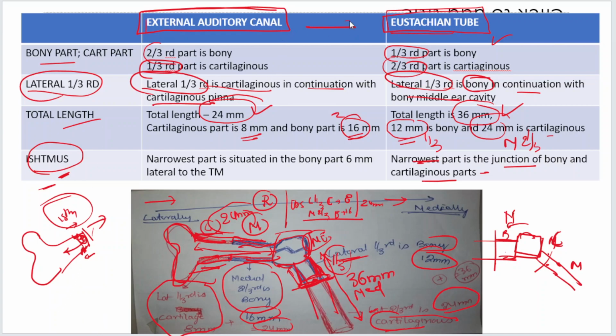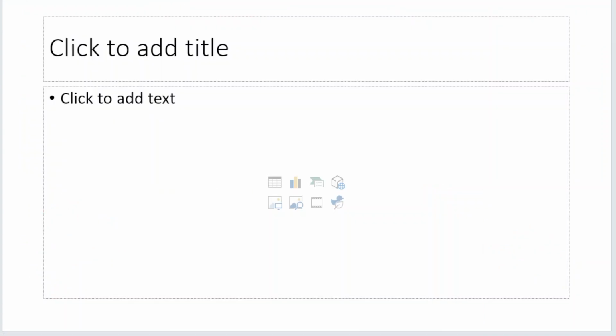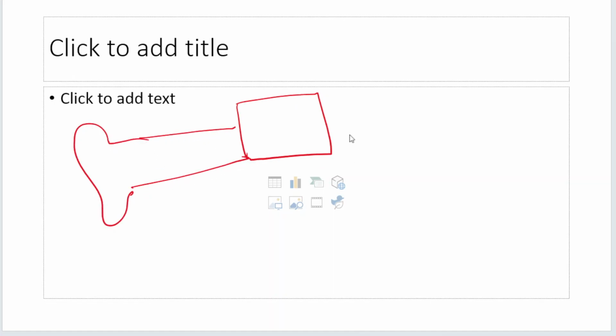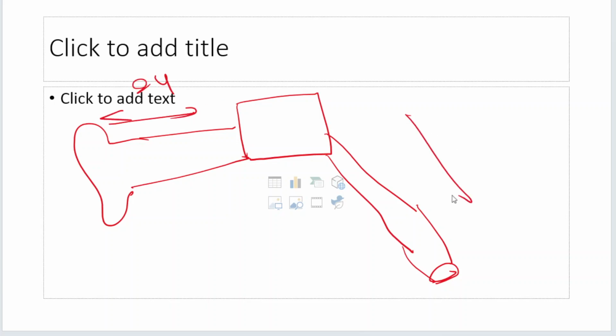This one is always going to be confusing for you. So whenever they ask you to compare, just draw a diagram of the middle ear and connect it to the external auditory canal, and then connect the middle ear to the eustachian tube. Eustachian tube is longer. So you say this one is 24 millimeters, this one is 36 millimeters.